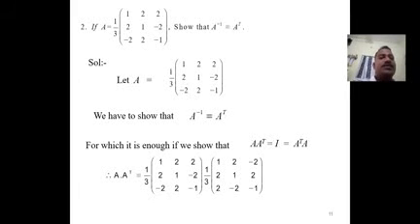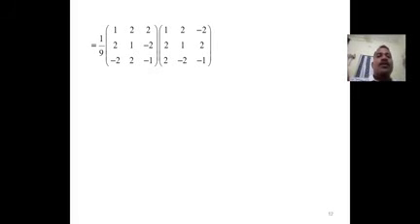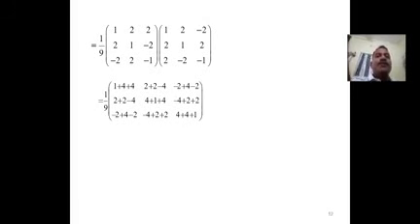After multiplication you can get 1 by 9 into the first row of the first matrix with the first column of the second matrix, the sum of the products of corresponding elements: 1 into 1 plus 2 into 2, 4, plus 2 into 2, 4, next 2 plus 2 minus 4, minus 2 plus 2, 4 minus 2.